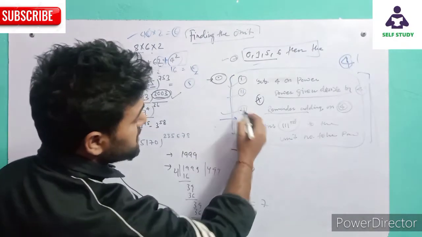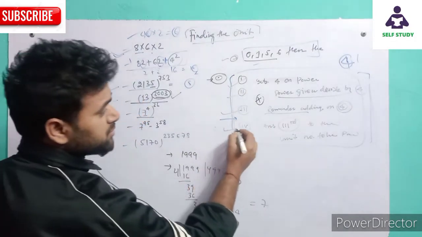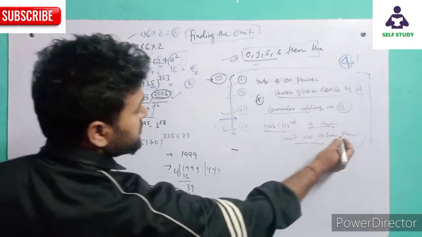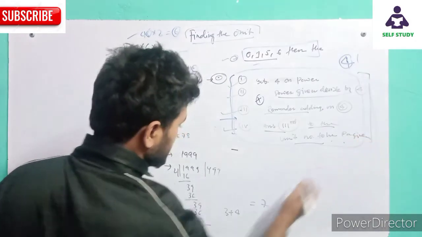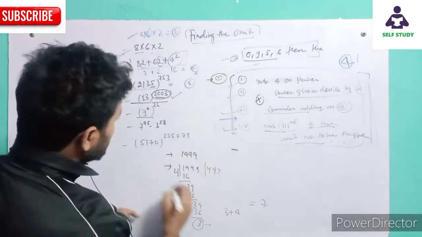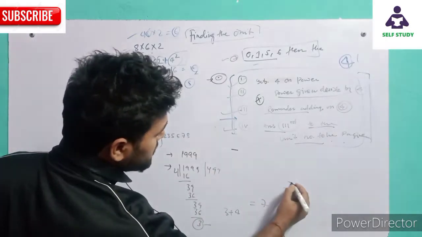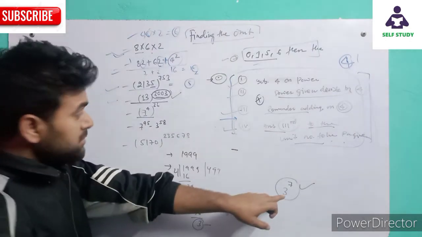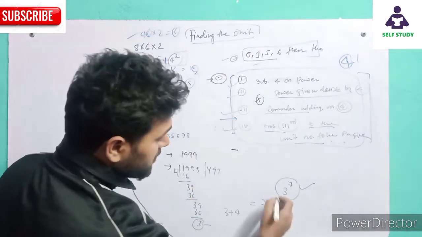We have completed 3 steps, and the last step is 4: answer is the unit number of the given number to the power. The given number's unit place is 3, so 3 to the power 7. This is your final answer, and we have to find the unit digit of this.